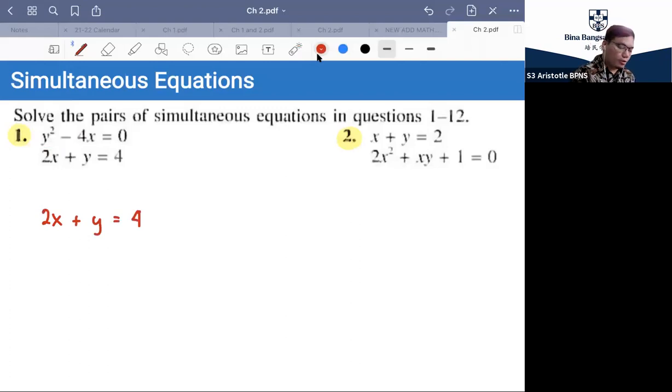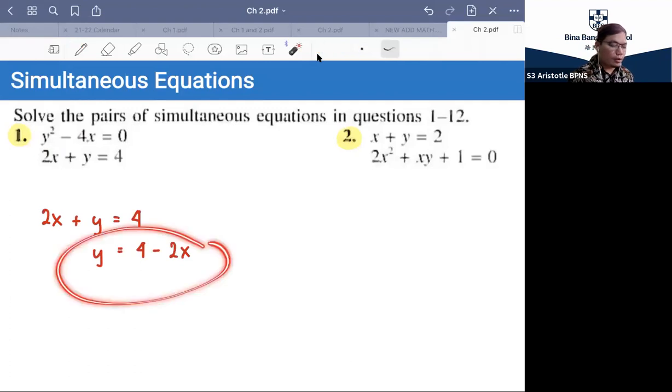So y is equal to 4 minus 2x. That's my y equation. And then what I'll do next is put this in the other equation, the one that you did not choose, the one that you ignored.